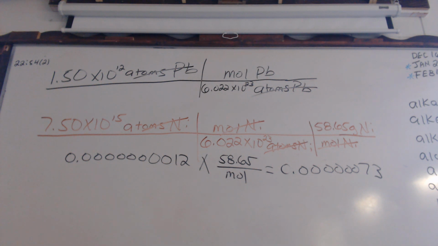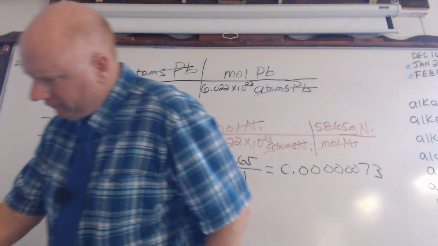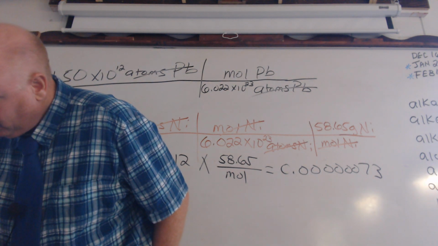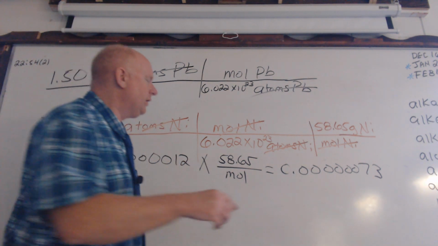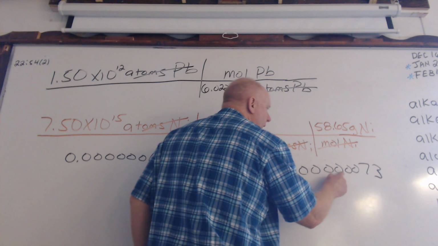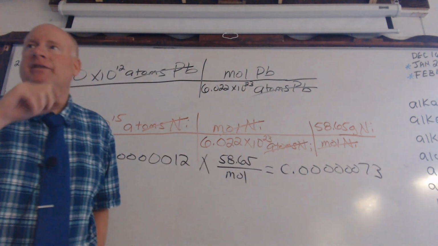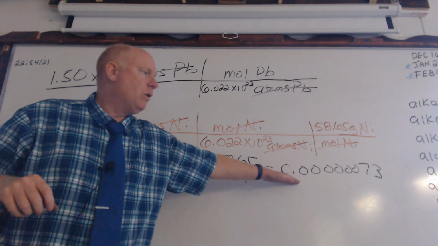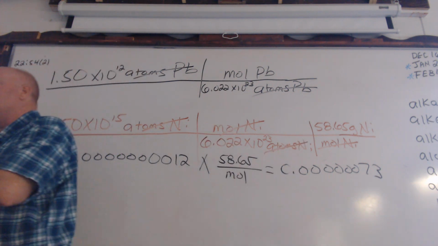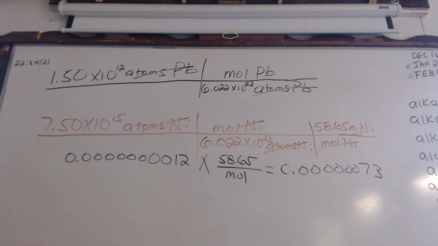So what that's saying, to the negative 7, is 1, 2, 3, 4, 5, 6, 7. So those are the same answer. This one, or 7.3 times 10 to the negative 7th. Same thing.